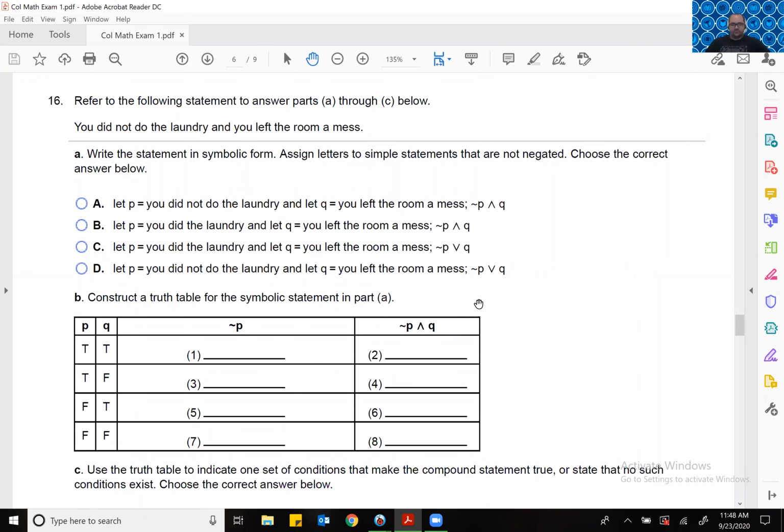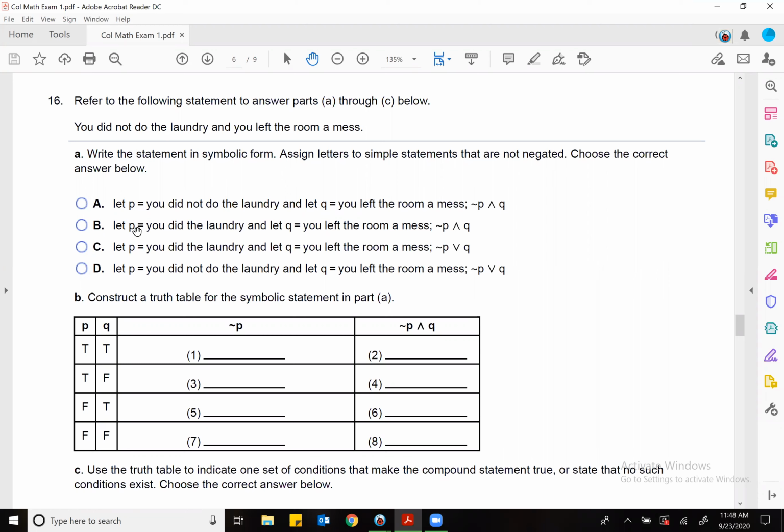So if we go back, there are two answers that have those symbols. Which ones? The first one and the second one. Now we have to look at these things very carefully. A says that the statement P is you did not do the laundry.